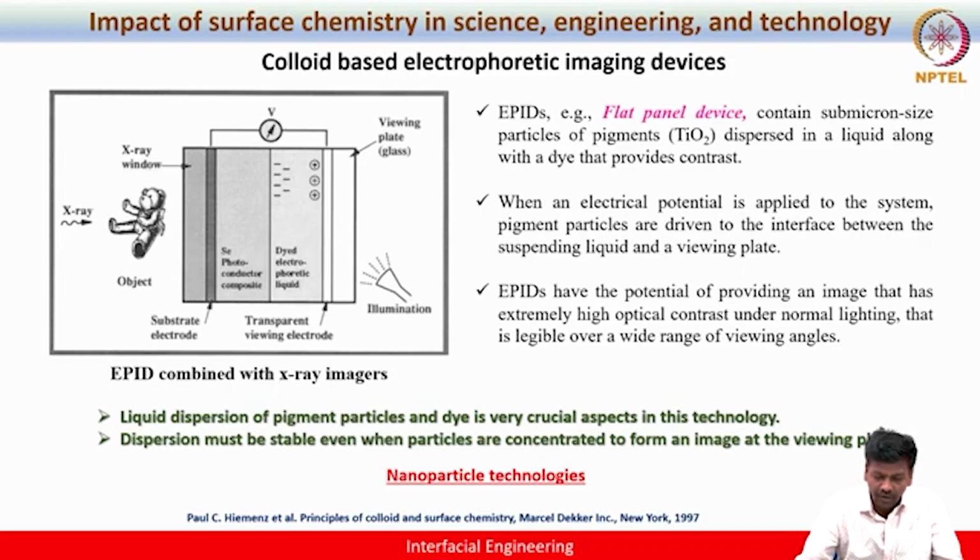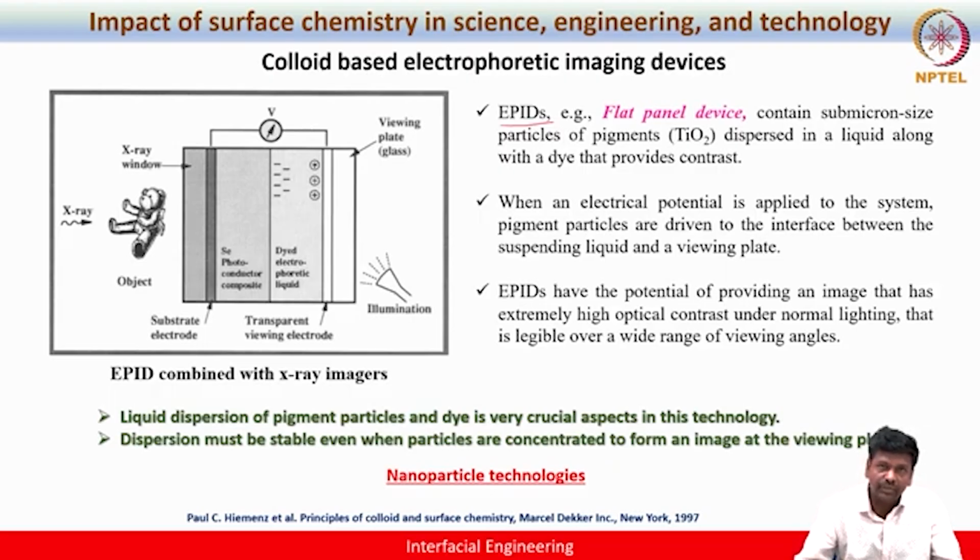And another example of a flat panel device I can give is electrophoretic imaging devices. It contains simply TiO2 nanoparticles, submicron size nanoparticles. Along with it, there is also a dye molecule which is spread in the matrix, right?